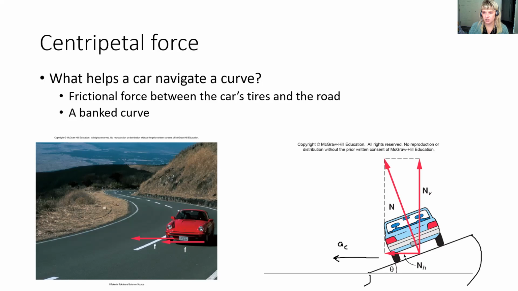You see banked curves often on high-speed highways, right? Because you're moving at a much faster speed. Your centripetal acceleration would be very large going around these bends. So in addition to friction between your tires and your road, this additional normal force can help you navigate these bends safely without losing traction with the road.